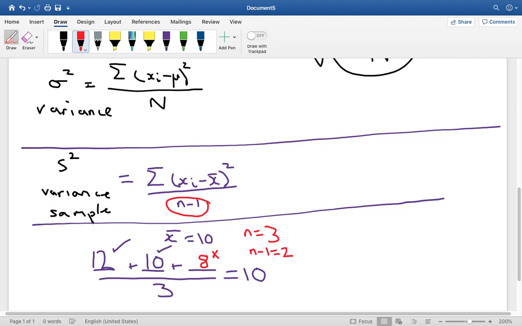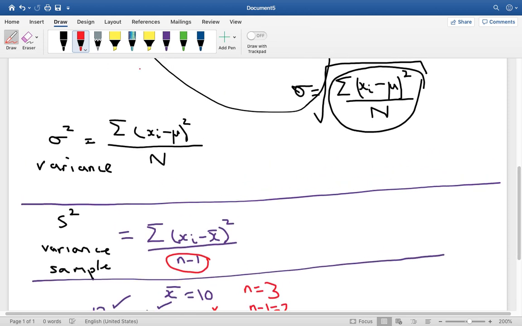Every time we put a constraint on the calculations where we introduce a figure which is not the real figure, it's an estimated figure and it's a constraint, that constraint will reduce our flexibility in choosing numbers, and for each constraint we lose 1 degree of freedom in our choices. So if I was to have a second constraint, this would be n minus 2. But for now, this is all we need to know, that it's n minus 1.